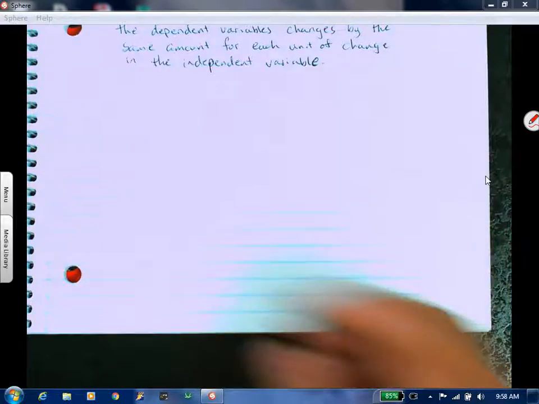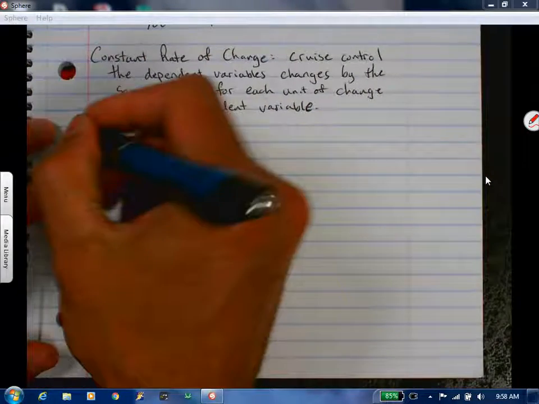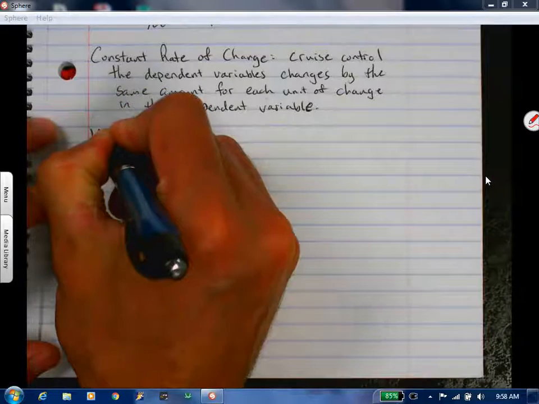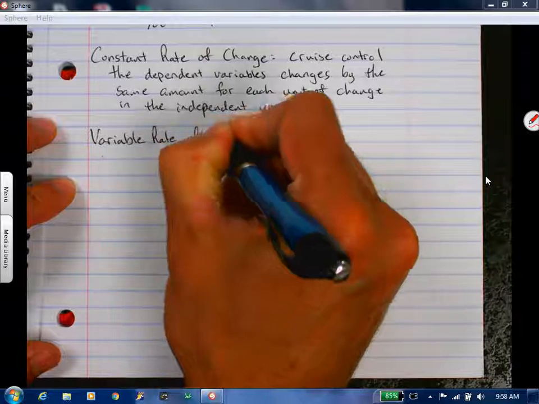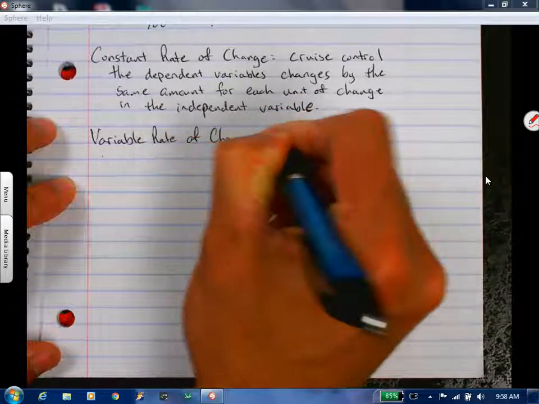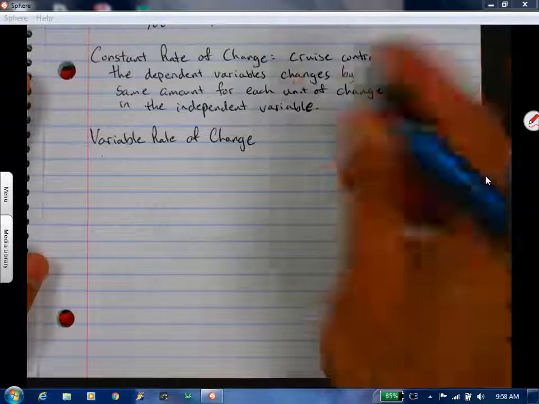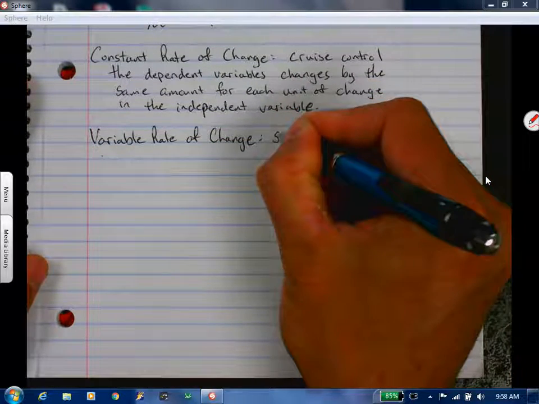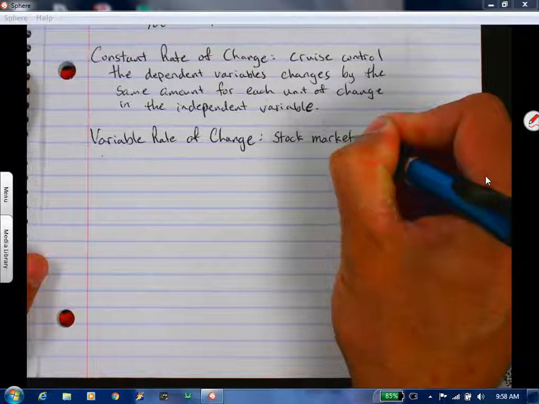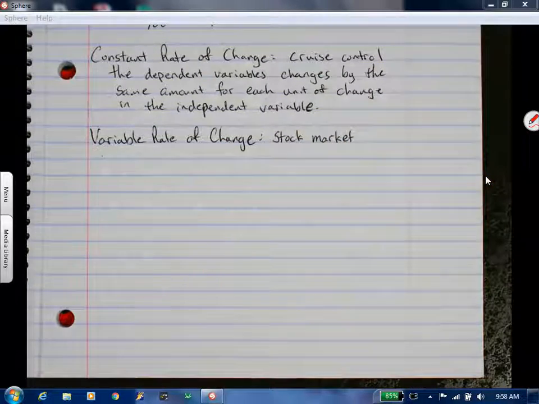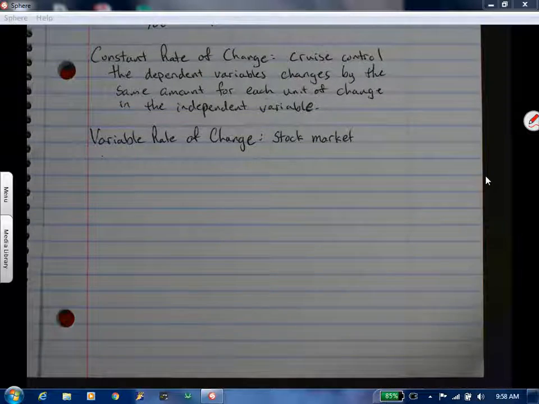Alright. So the constant rate of change, the next one is going to be a variable rate of change. And for that, I want you to think of the stock market. Does that change the same every single day?